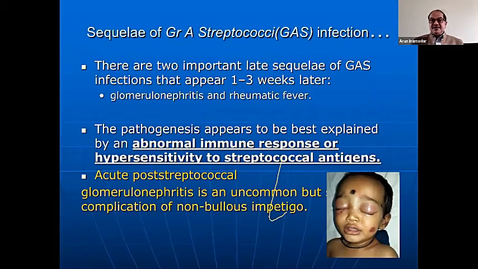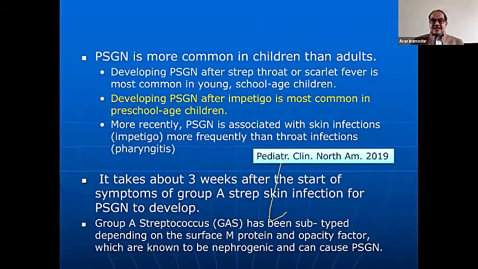This is very important. The PSGN is more common in children than adults, and developing post-streptococcal glomerulonephritis after impetigo is most common in preschool age children.